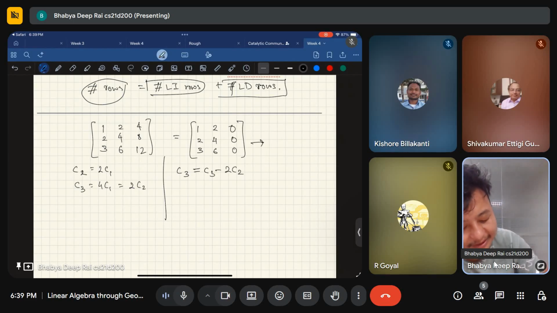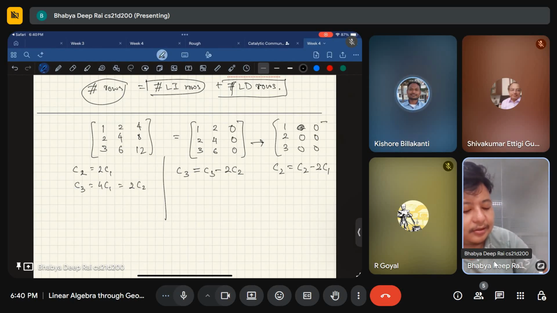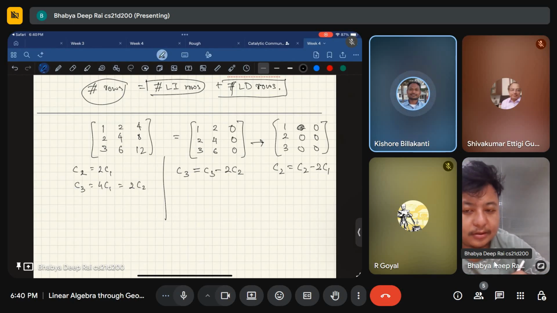So you'll do C2 = C2 minus 2C1, and then you get 1, 0, 0. So, C3 = C3 minus 2C2.